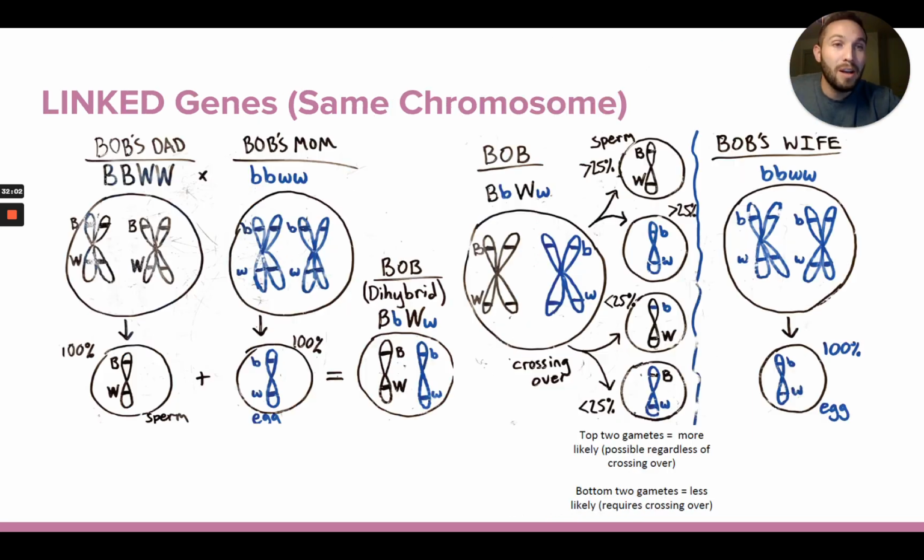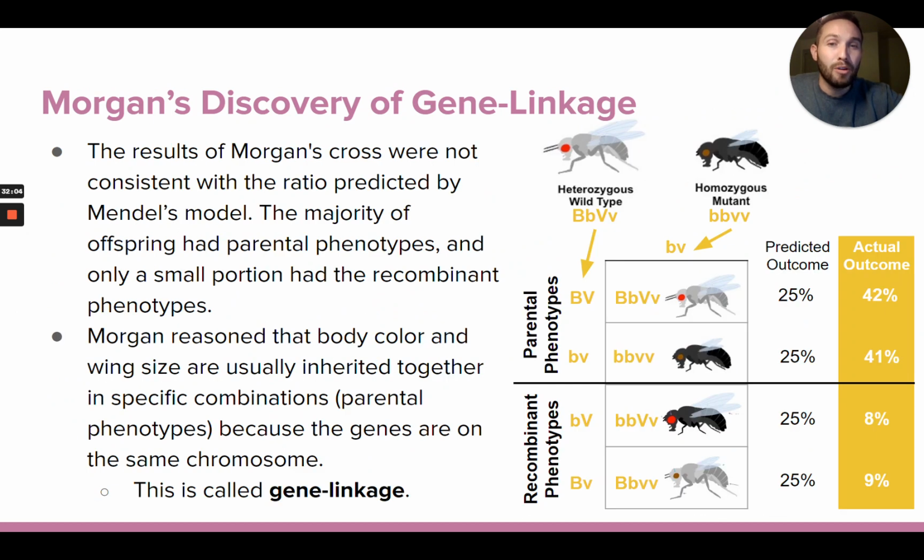So anytime, I'll just tell you guys right now, anytime you have a cross like this, it's usually going to be a cross between a dihybrid and a homozygous recessive individual. That usually is a cross that will show you if the genes are linked or not. And if you cross a dihybrid with a homozygous recessive individual and you get outcomes that show the parental phenotypes are way more common than the recombinant phenotypes, which should not be the case if these alleles were completely independent of each other and the law of independent assortment was working out the way it was supposed to.